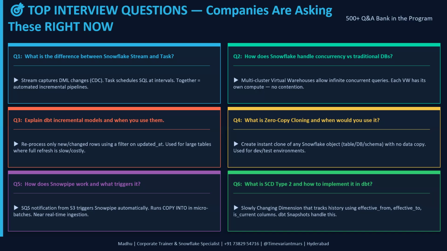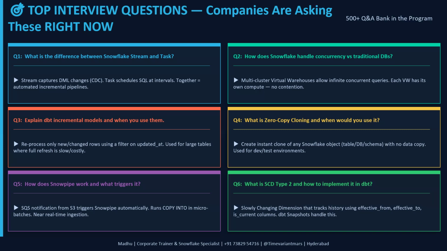A task is a scheduler. It executes SQL on a defined schedule. So a task reads from a stream and processes only new changes, giving a fully automated incremental pipeline with zero external orchestration tools. Write this answer down; it will get you past round one at a company.